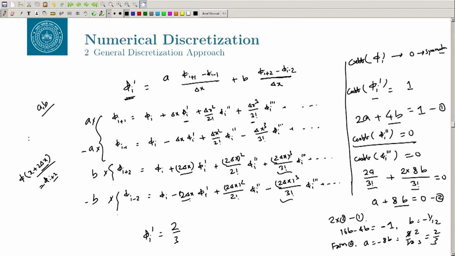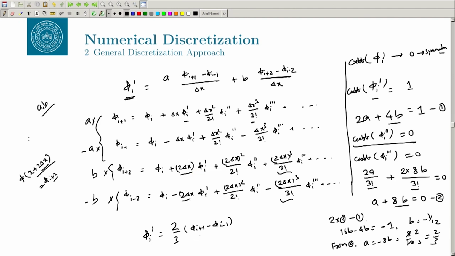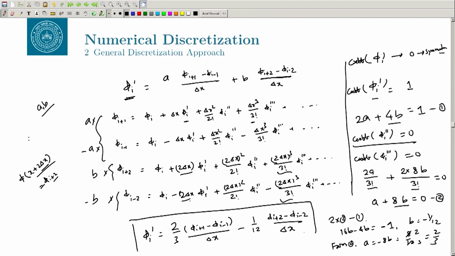So, your phi I prime will become 2 by 3 times phi I plus 1 minus phi I minus 1 by delta x, and minus 1 by 12 times phi I plus 2 minus phi I minus 2 by delta x.